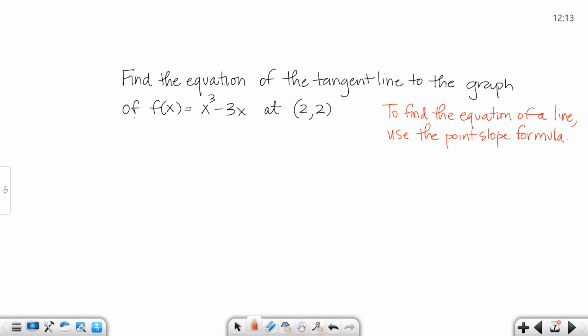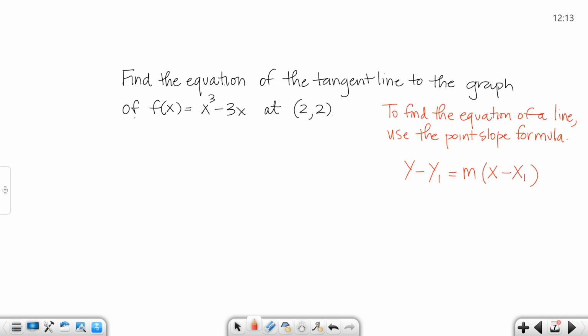It was in, I guess, Chapter 1. It's also in college algebra, so it is a concept that we expect you to know before you get to calculus. Your point-slope formula is y minus y1 equals m times x minus x1. You will have to know that formula for your test.